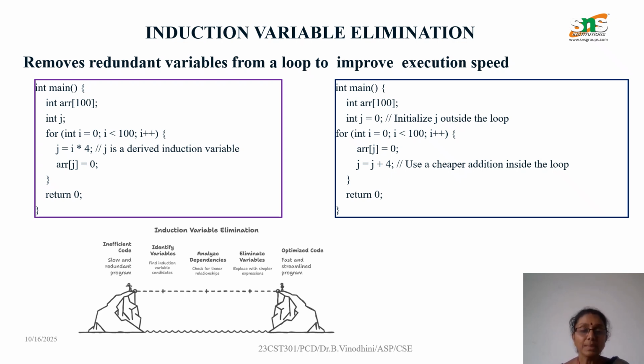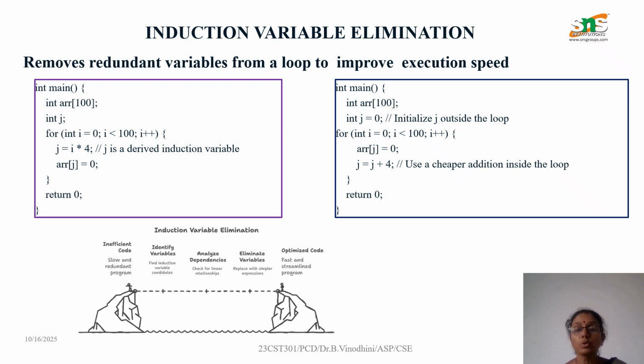Here the first step is to identify the induction variable. Here the induction variable is j. Next, we have to use the cheaper statement instead of the costlier one. So the multiplication is reduced into the cheaper operation of addition. On the right-hand side we have the optimized code.